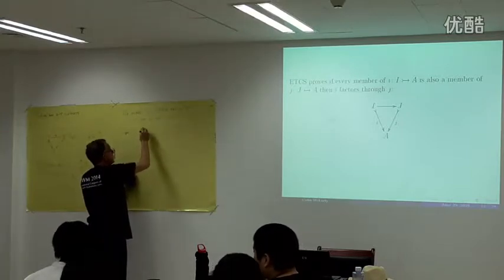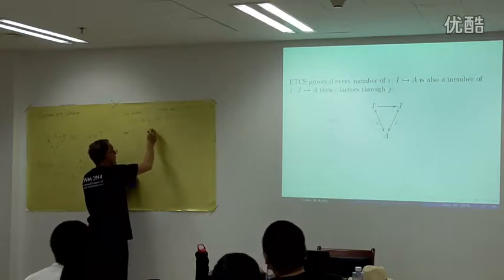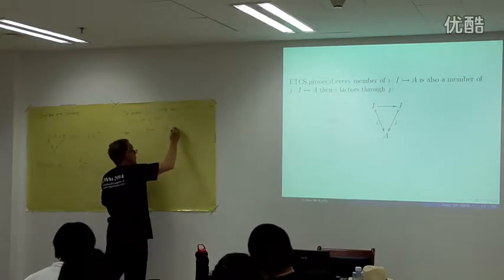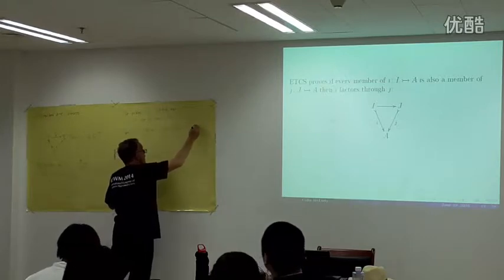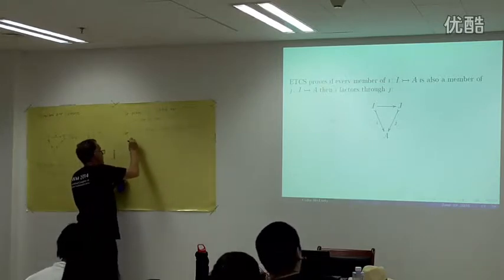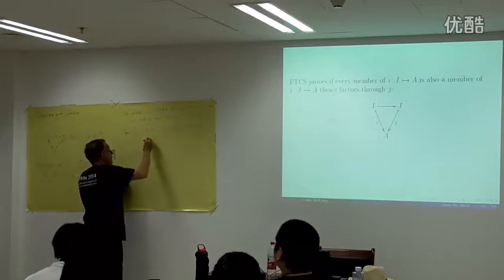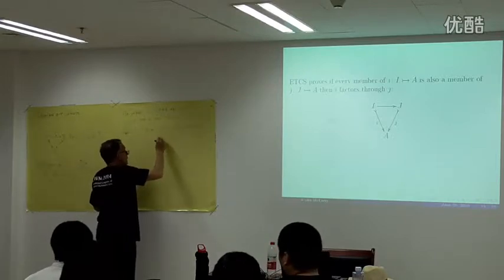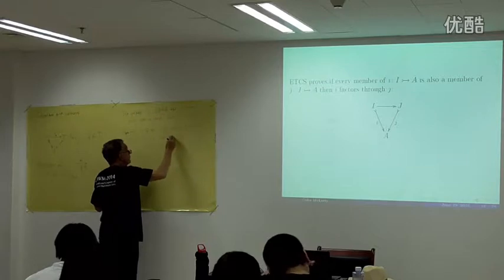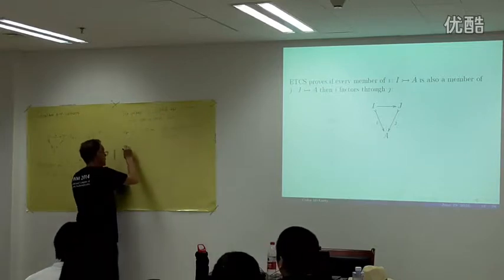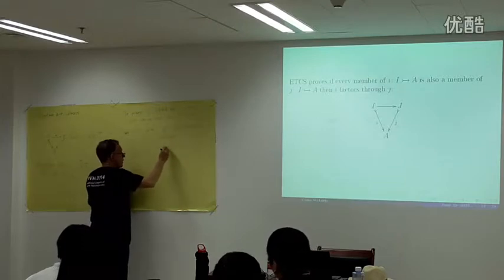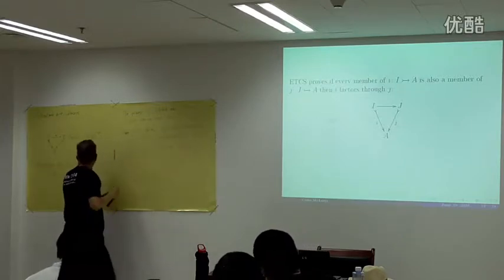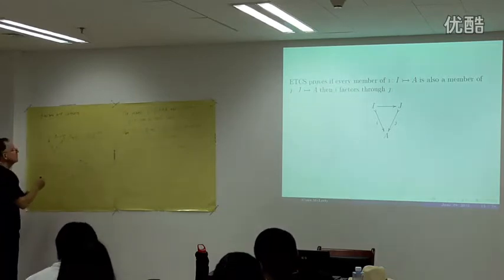If G from B to C is 1 to 1, and so is GF from A to C, then F is 1 to 1. That's the situation over here.